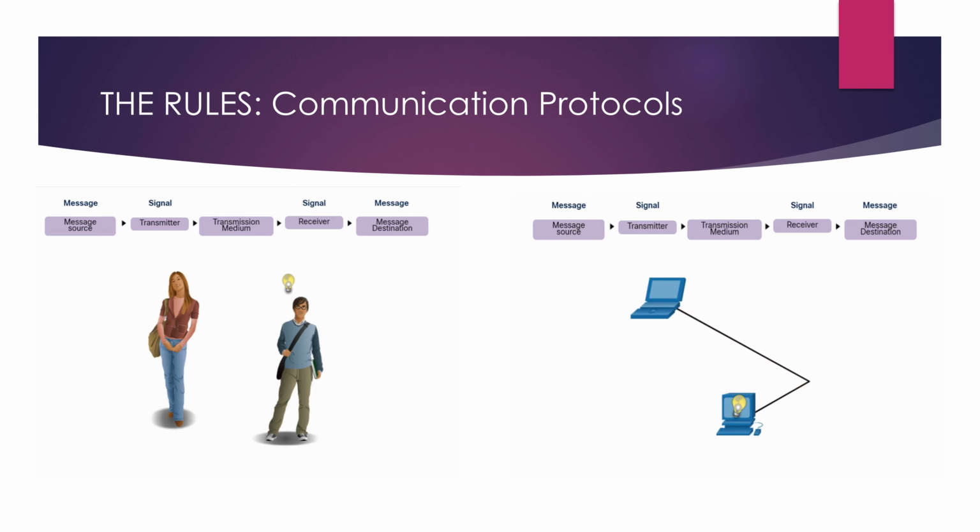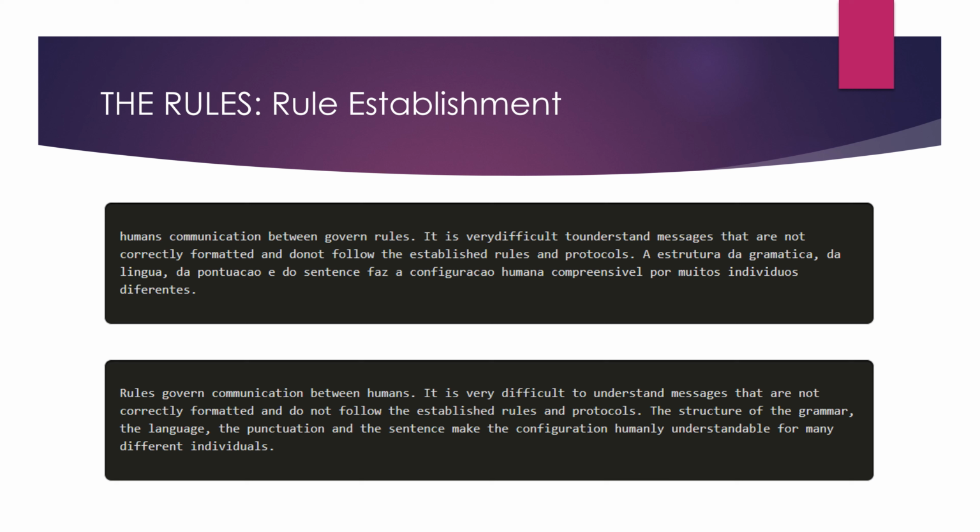It happens the same in communication between humans and computers. Before communicating with another, individuals must use established rules or agreements to govern the conversation. Let's consider the message that is in the first section. As you can see, it is very hard to read and understand the message.